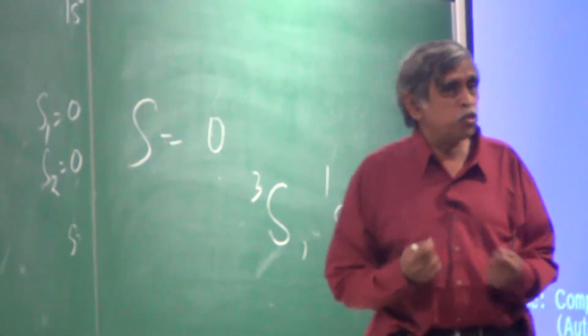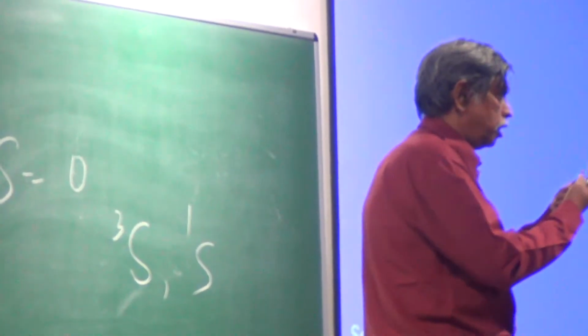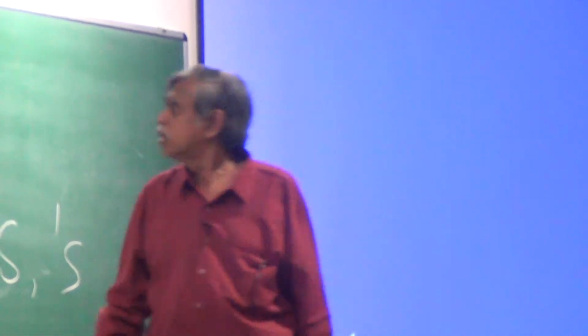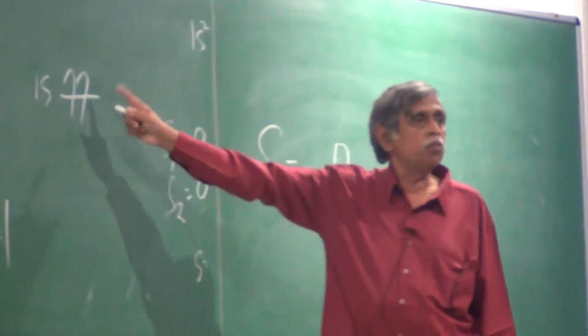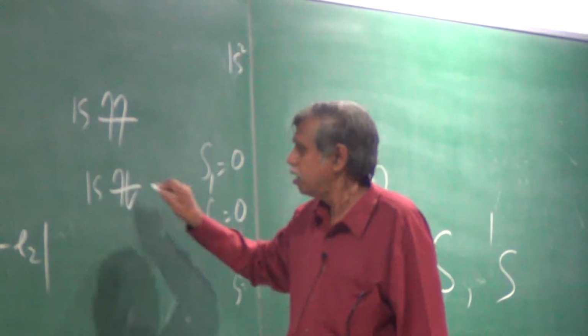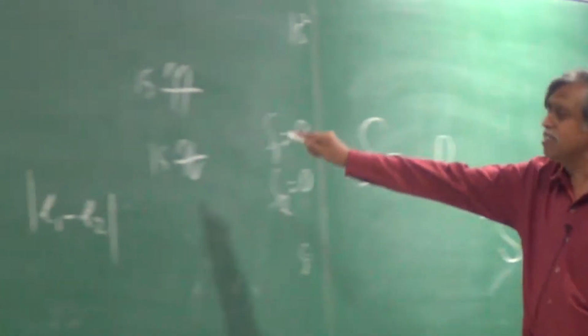What does triplet S actually mean? It means it's a 1s2 configuration in which both electrons are spin up. That would be a triplet S. And what would be a singlet S? But you know from very first principles, straight away, that this state is out.